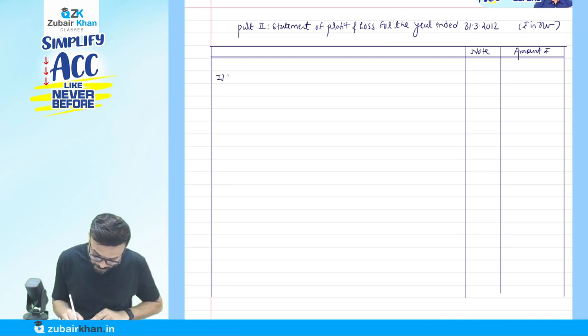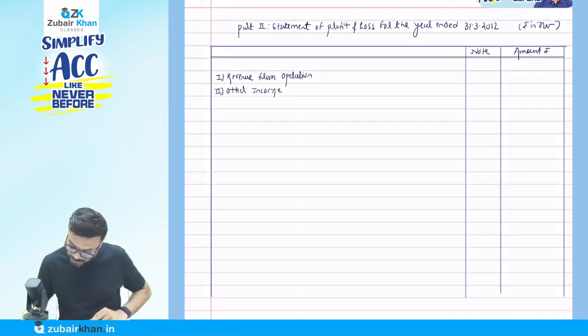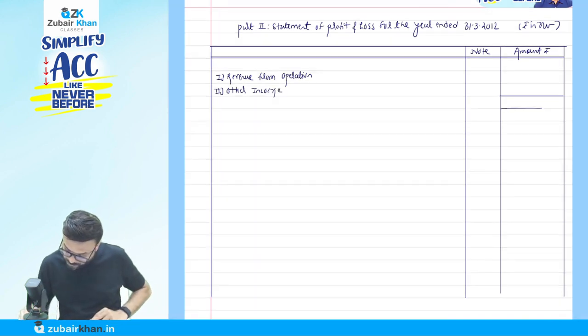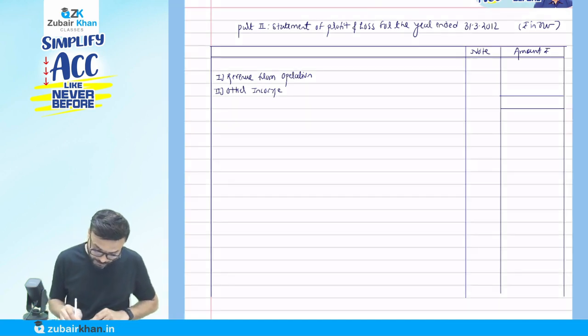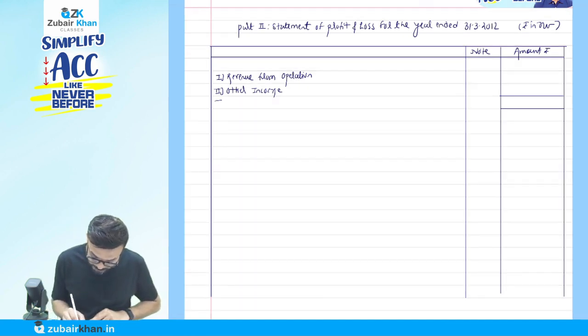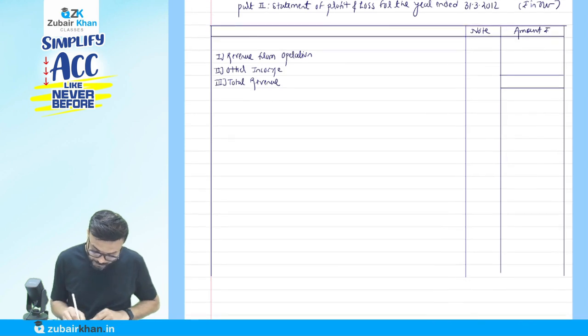First, revenue from operations. Then we have other income. Okay, here total revenue, then expenses.